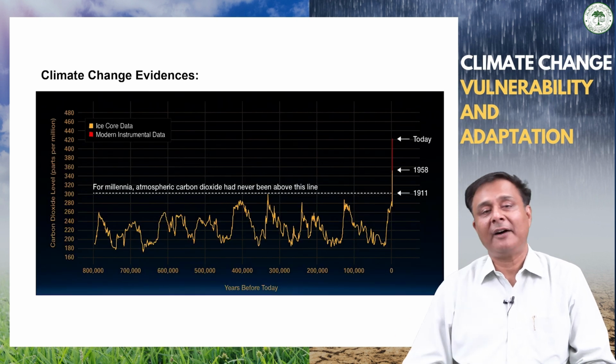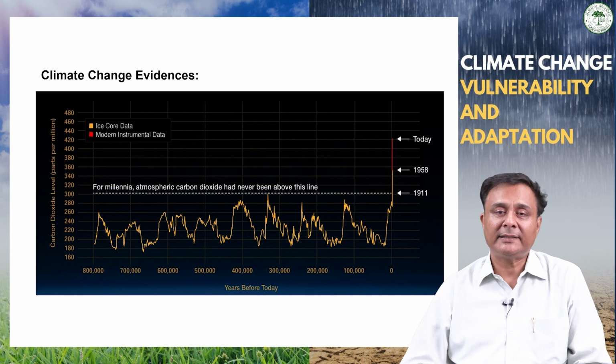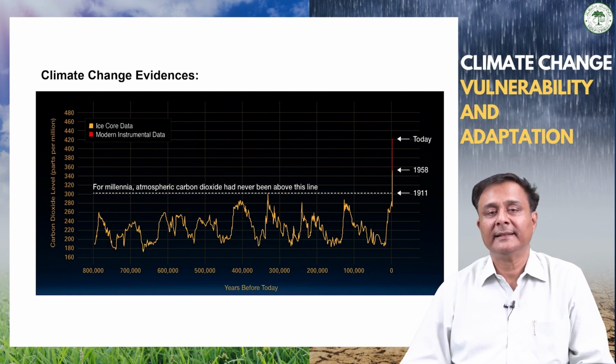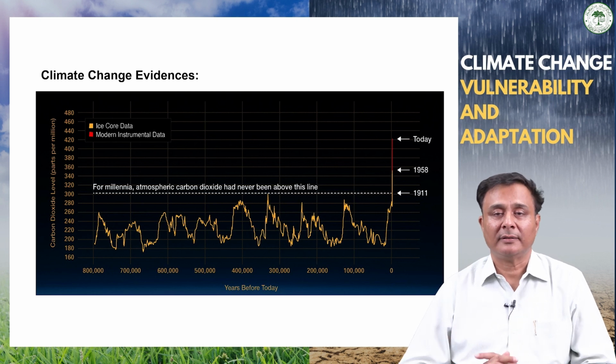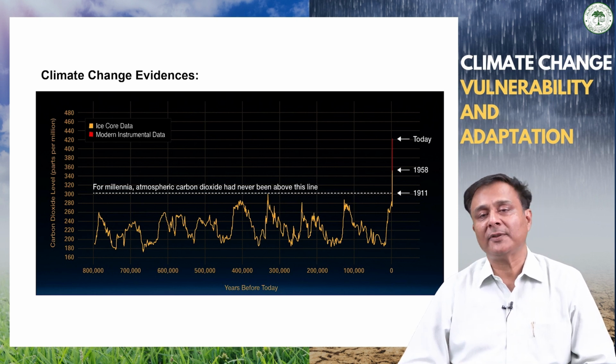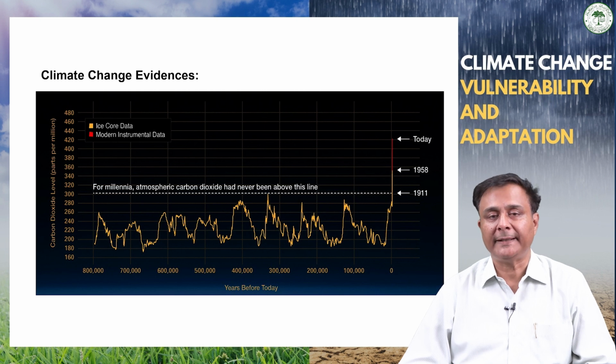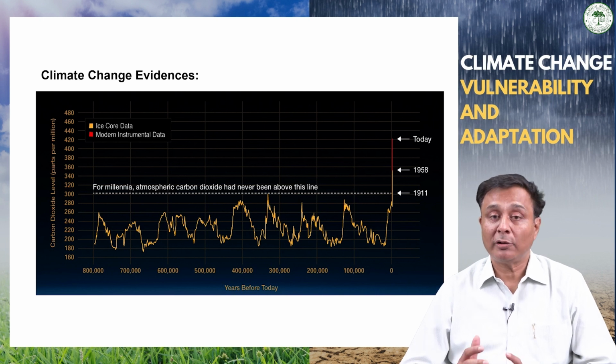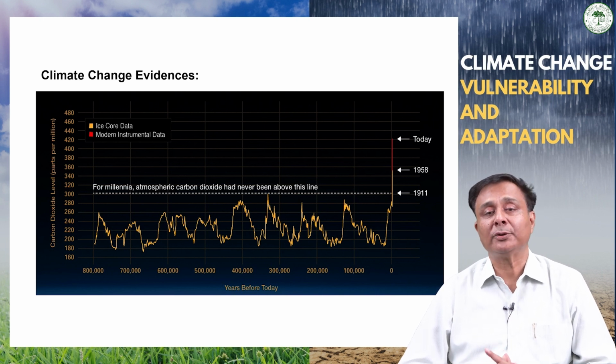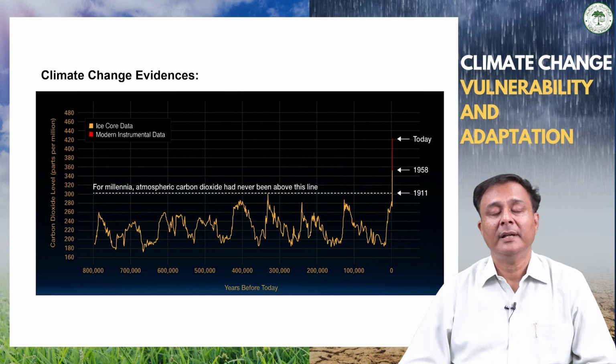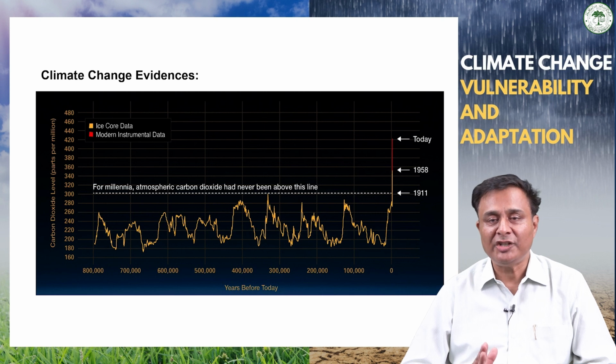In this graph, I am trying to highlight that Earth-orbiting satellites and new technologies have helped scientists see the big picture, collecting many different types of information about our planet and its climate. These data collected over many years reveal the signs and patterns of changing climate.